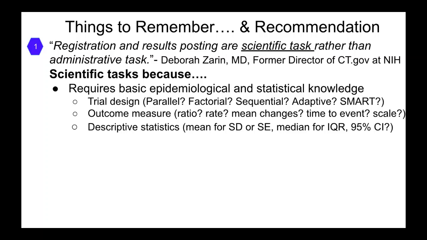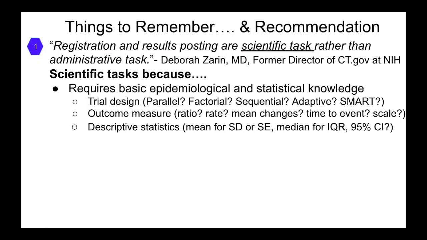You need to know the clinical design. Is it an adaptive trial? Is it a SMART trial? You need to be familiar with the different assignment schedules for your trial. You need to know the study's pre-specified primary and secondary outcomes in detail. For example, are you reporting the primary outcome in counts, ratio, rate, or mean change from baseline?